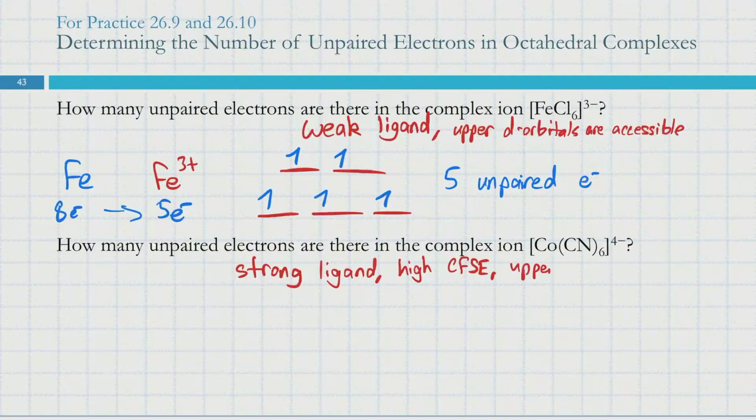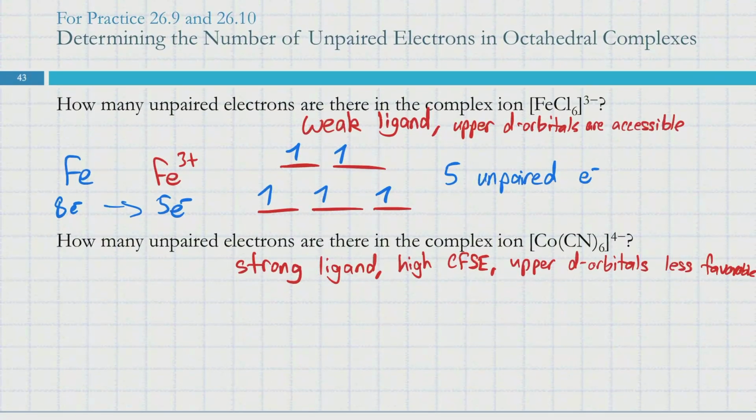Those upper d orbitals are not accessible, or less accessible. Less favorable, maybe. So we're going to preferentially double up in our lower d orbitals rather than putting them into our upper d orbitals. So we'll find cobalt.